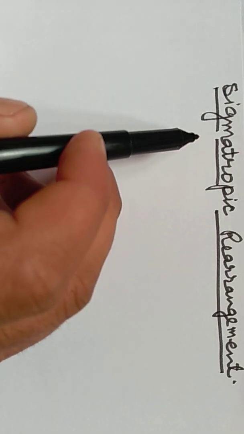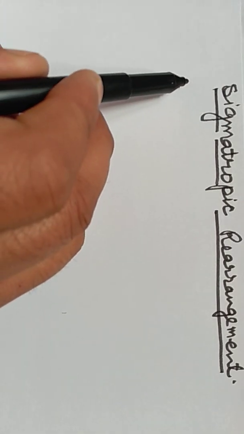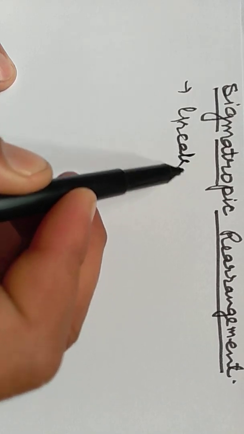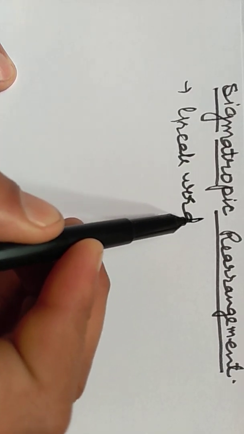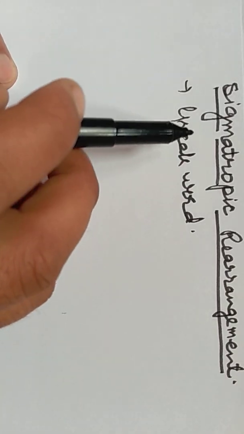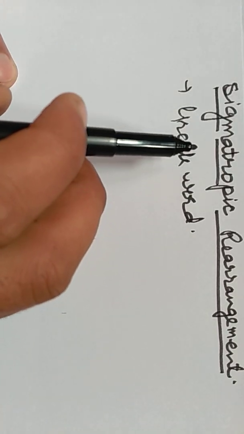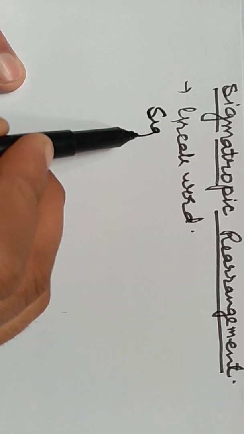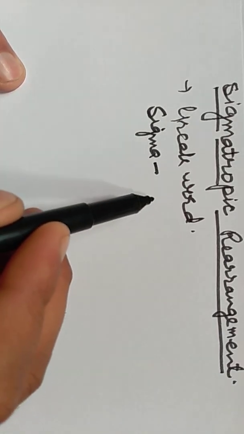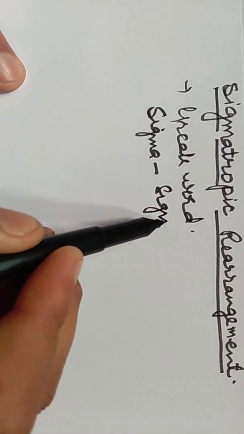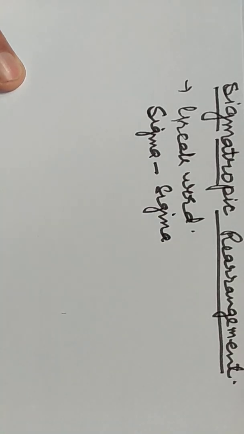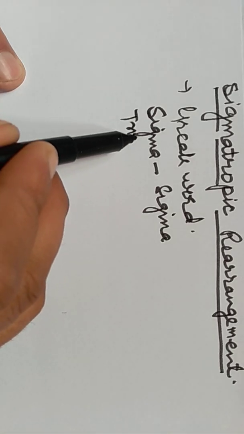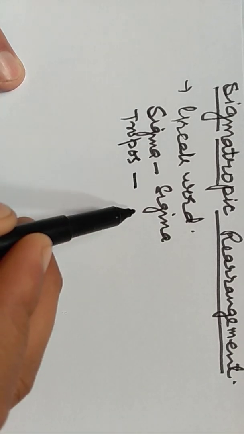The word sigmatropic comes from Greek, in which sigma means sigma and tropos means change.